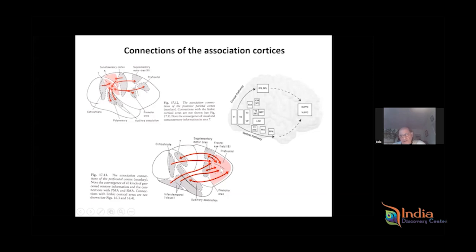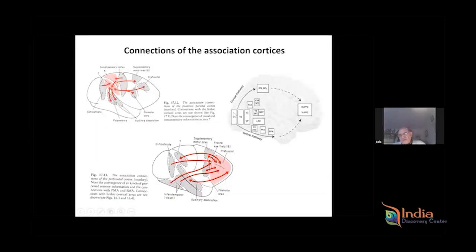And here is shown that the prefrontal cortex also has mutual information exchange with the different areas. I just put here the visual cortex, which is very interesting.